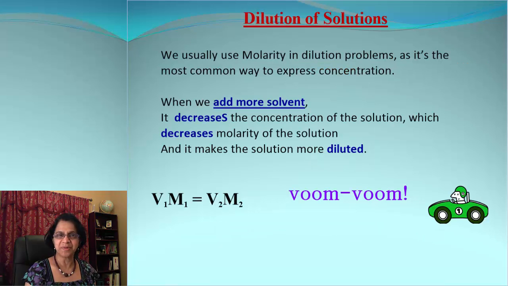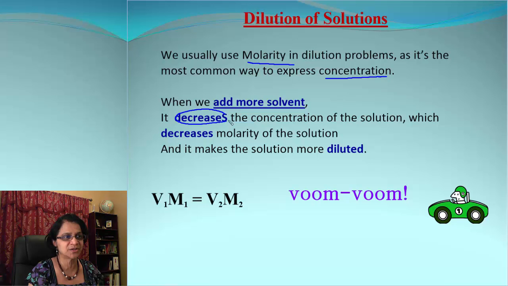So how about some calculations for dilutions? As you know, in dilution we use molarity, because molarity is the way we express concentration. One more time, when we add more solvent, it decreases the concentration of the solution. That means it also decreases the molarity, and we call the solution more dilute.